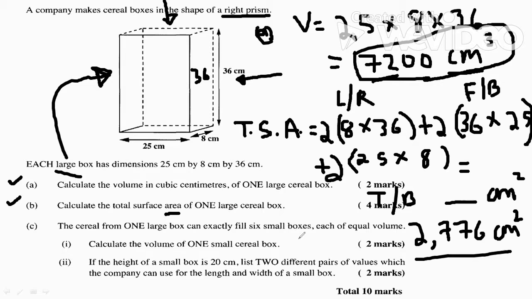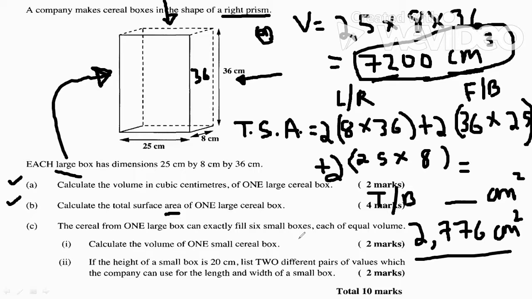So basically, what am I trying to say? You have one big box of cereal, and that big box. You know those small little cereal boxes? Those little tiny ones. I think that's what they're talking about. Like cornflakes.